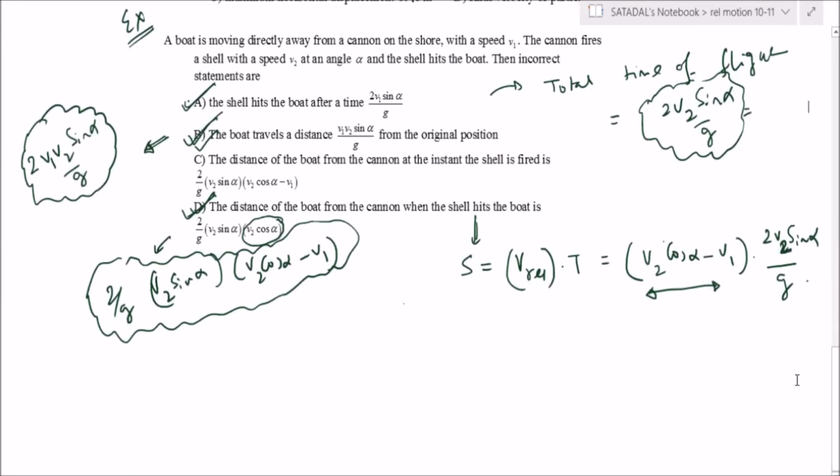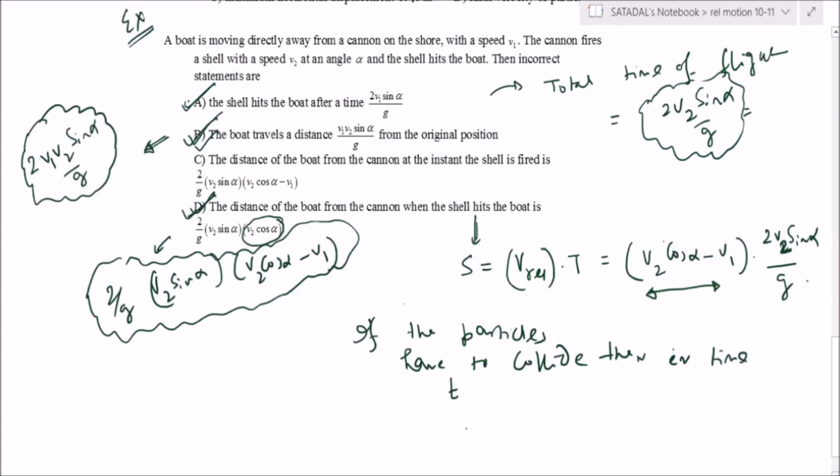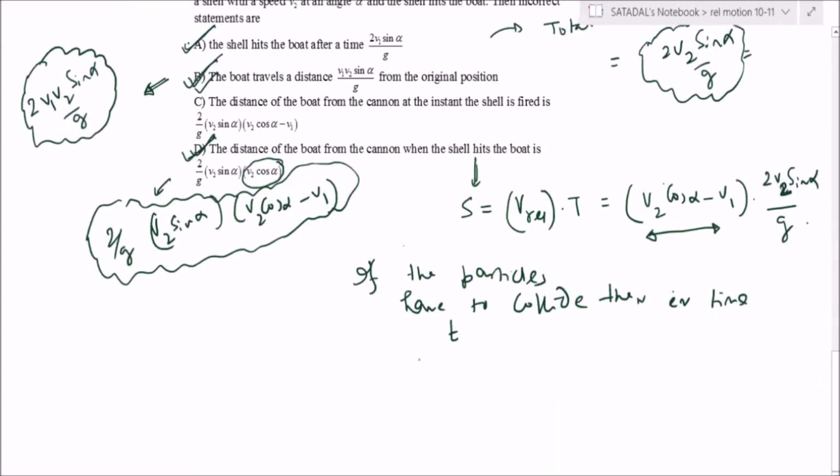Just remember this thing: if the particles have to collide, then in time t, x1 should be equal to x2 and y1 should be equal to y2.